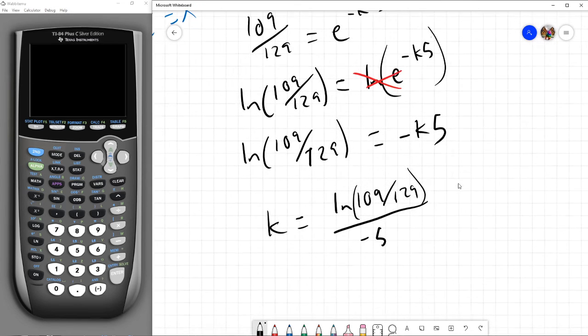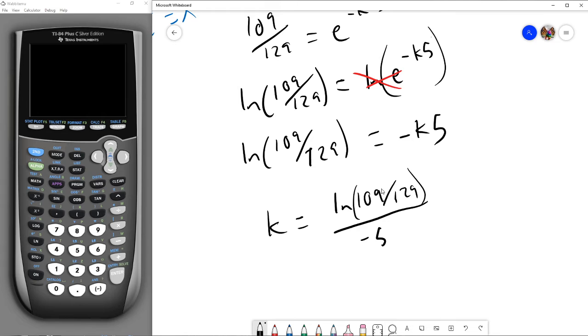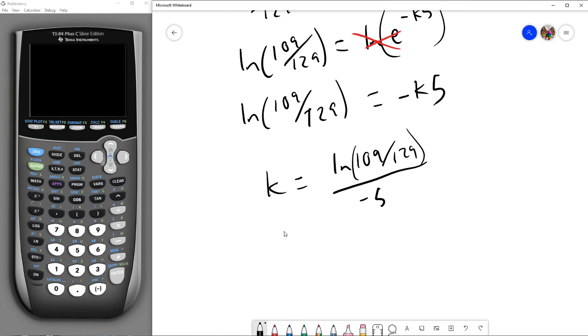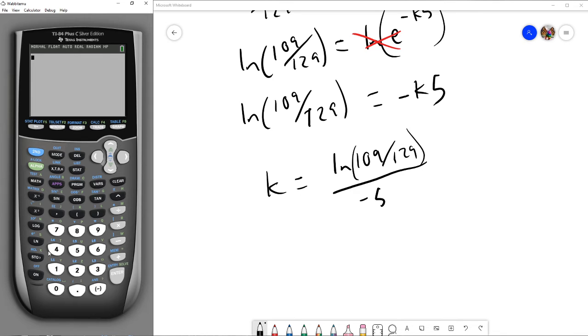And the answer to that is the fact that the numerator here, natural log of 109 over 129, is actually a negative number. So really it's a negative number divided by a negative number, making k positive. So let's figure out what k equals. So we have natural log 109 divided by 129 divided by negative 5, and there's our positive k value.